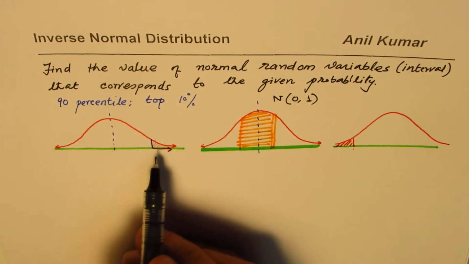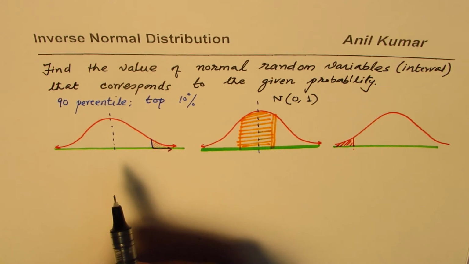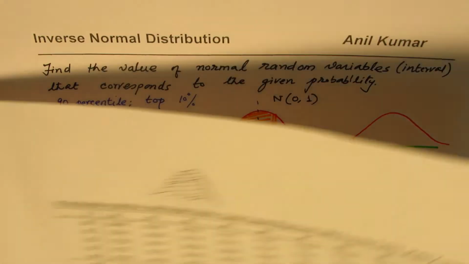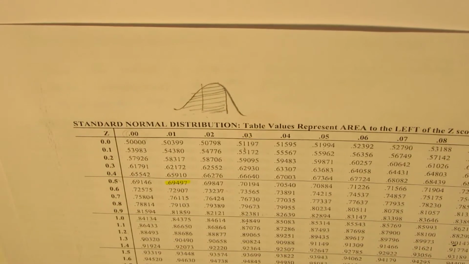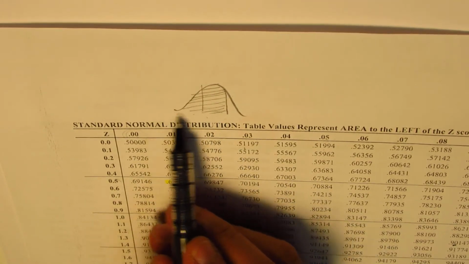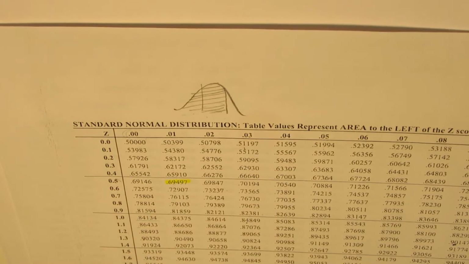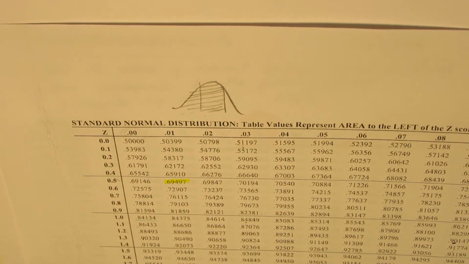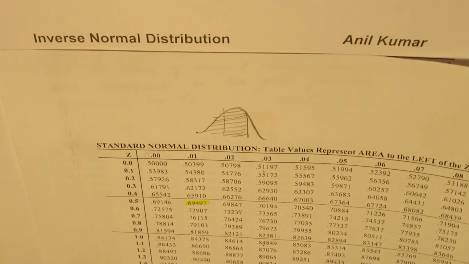Let me first take some very basic examples, and in all these examples we are going to use our standard normal distribution table values. From here we can read the values from the left side to the point A. That is the base for this particular video.